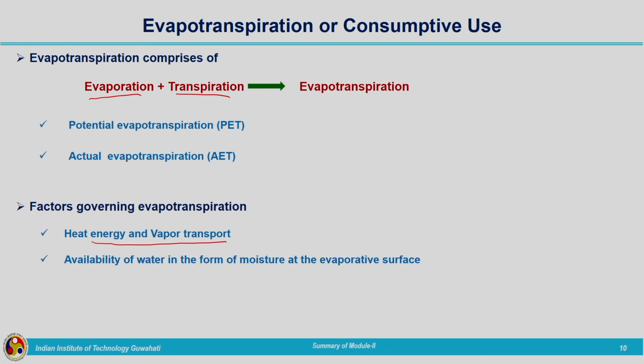One more factor which needs to be taken into account is the availability of water in the form of moisture at the evaporative surface. After that, we saw different methods of estimating evapotranspiration: first experimental, second empirical, and then theoretical or analytical equations.